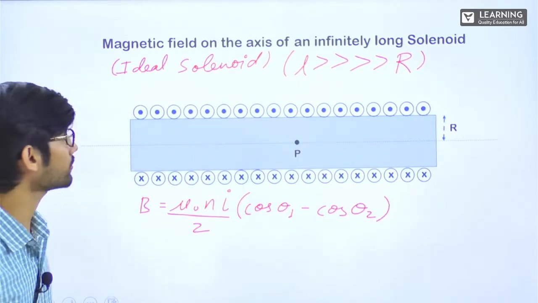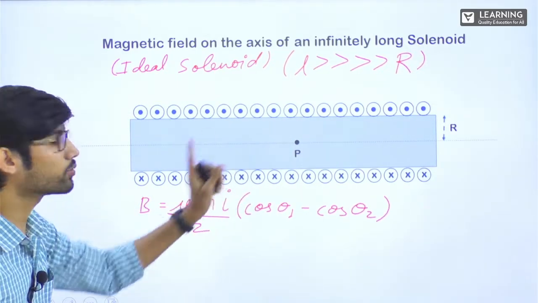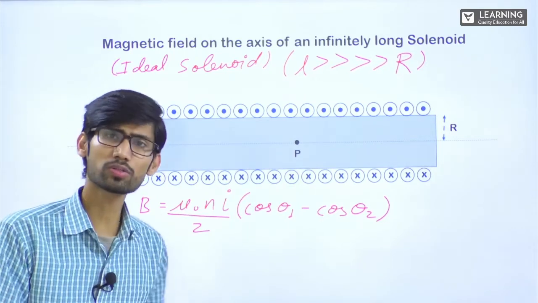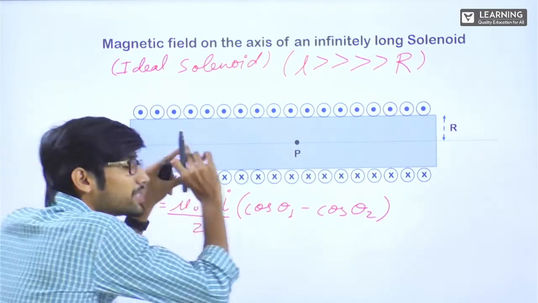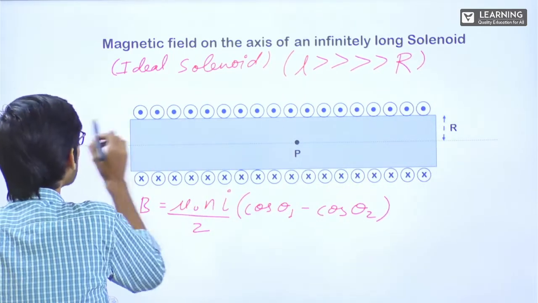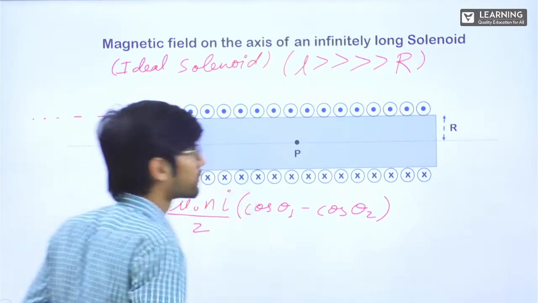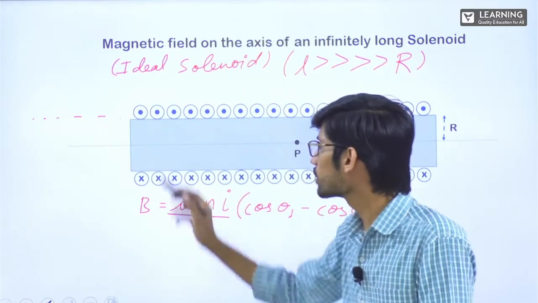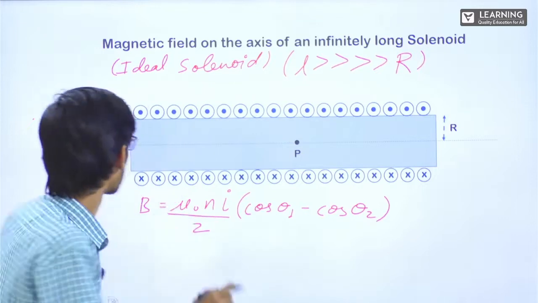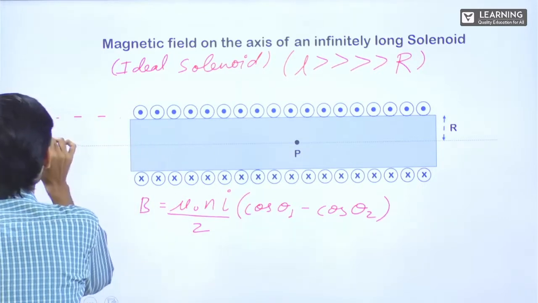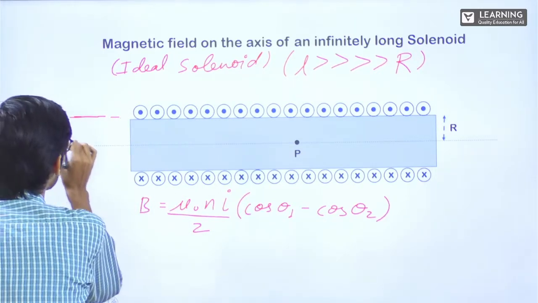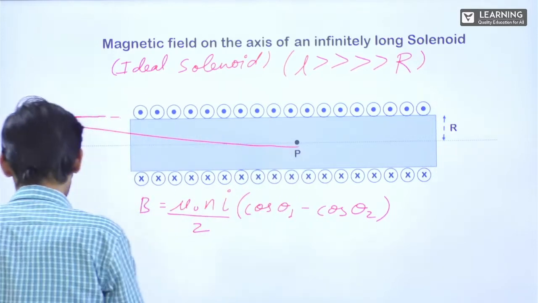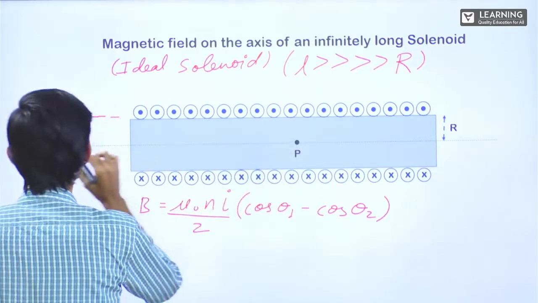Correct? From here, what will be theta 1 and theta 2? The main thing is to get theta 1, theta 2. Since it is infinitely long, this end will be somewhere at infinity. If I join from infinity to here, this angle will be around 180 degrees, tending to 180.